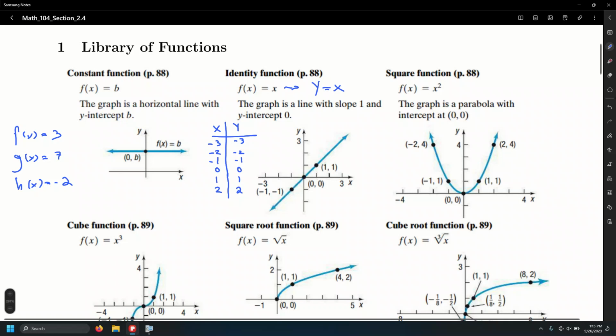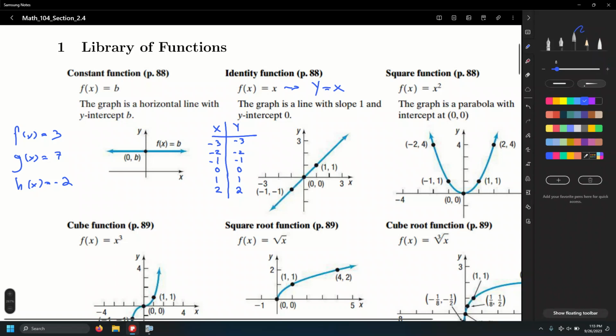And well, the next type of function is what we usually call the square function or parabola, or quadratic function, right? But this is just the baby case of a square function.